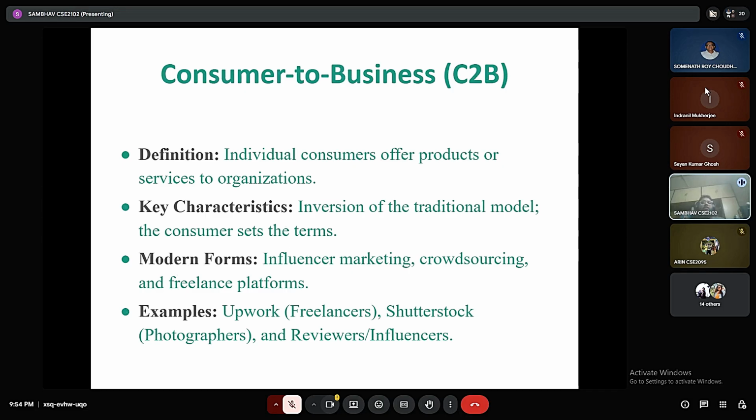It has a few modern forms such as influencer marketing, crowdsourcing, and freelancing platforms. There are a few examples such as Upwork, which hires freelancers, and Shutterstock, in which photographers offer their services.